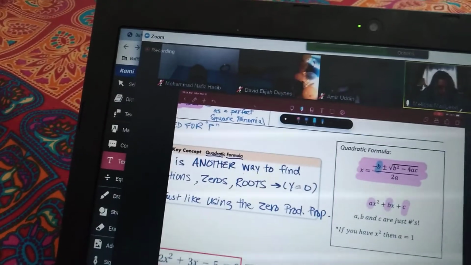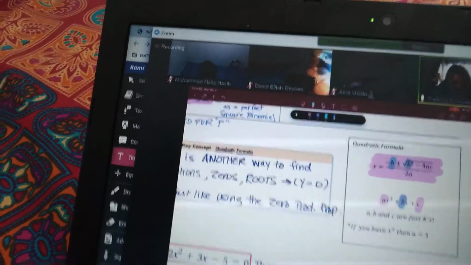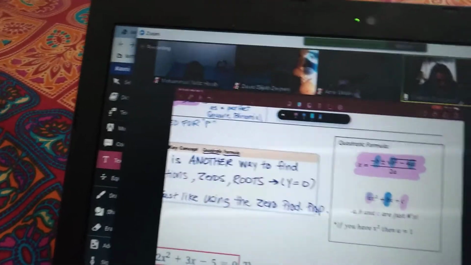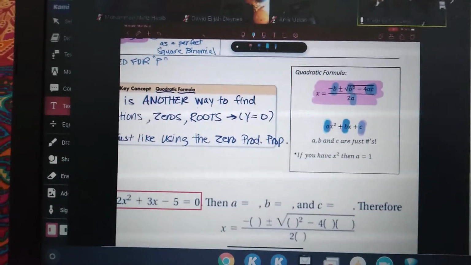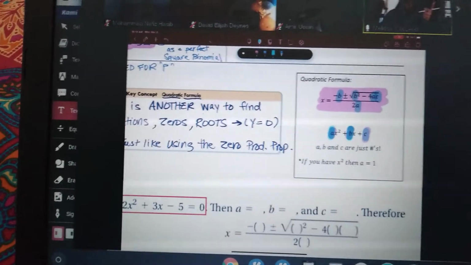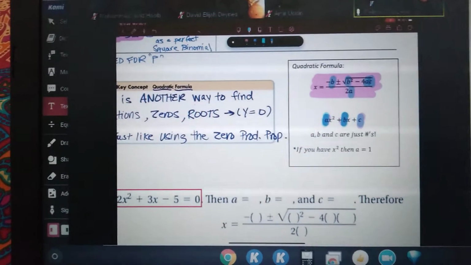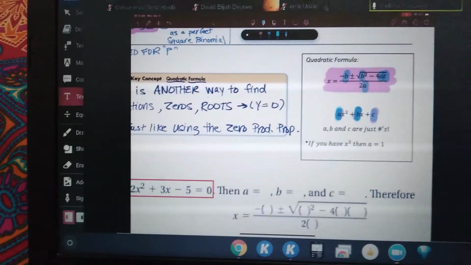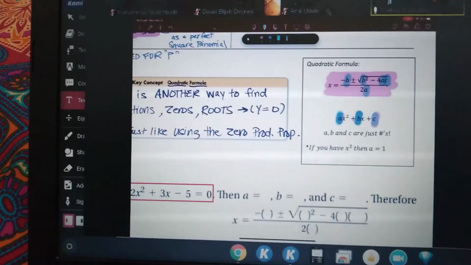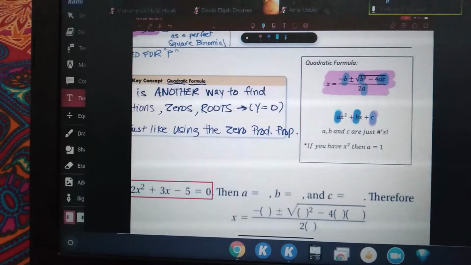It's right here, b and b, a and a, c and c. Everyone understand? All you're going to do is plug in the numbers and stick it into your calculator. That is it. Everyone understand?